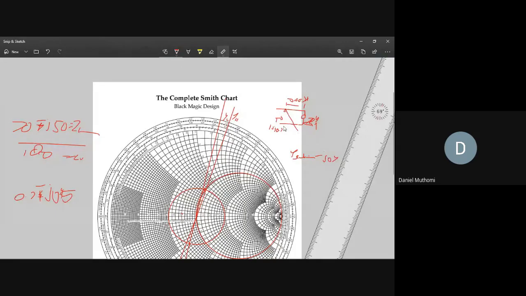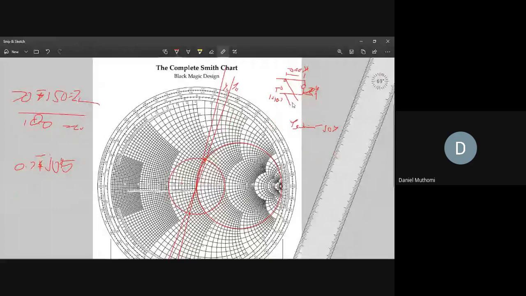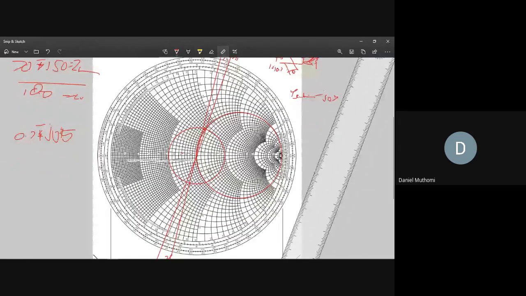So at termination, instead of having a whole component there, we can terminate it in a short circuit. Actually, I think it can mislead because a lot of them have been saying either short circuit or open circuit, but mostly short circuit. And on the Smith chart, on this end is your open circuit, and this other end is your short circuit.